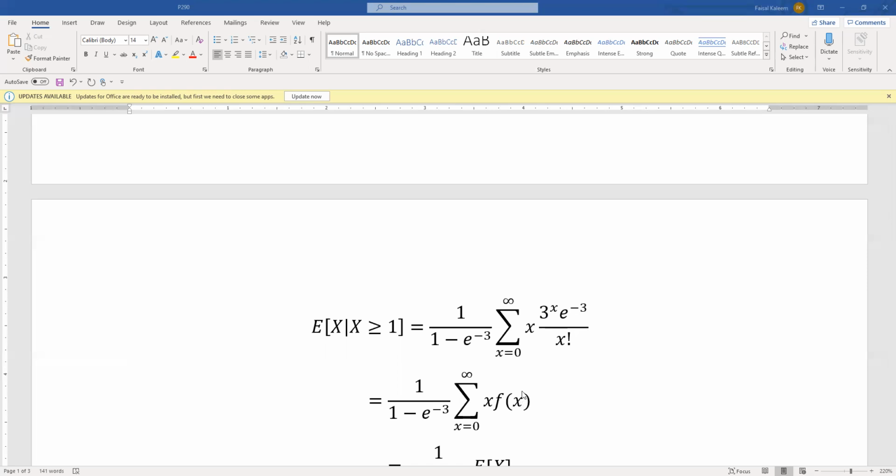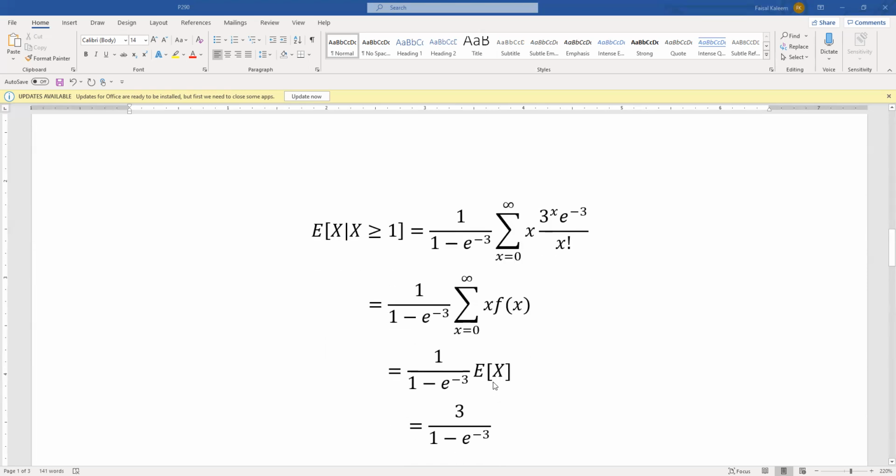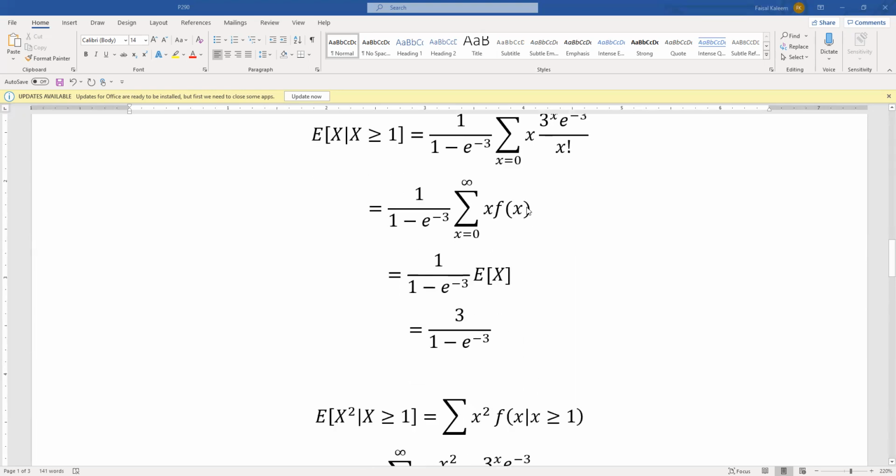And now we are doing x f(x), which we know is the expected value of X, because when you take the summation of x f(x) over all the possible values of the variable x, which are 0, 1, 2, and so on, then you get E[X]. And E[X] is just the mean of the Poisson, which is 3. So I've substituted 3 here. So we got E[X | X ≥ 1].